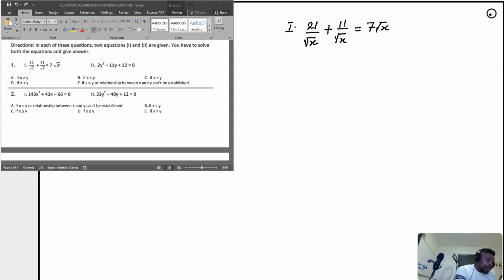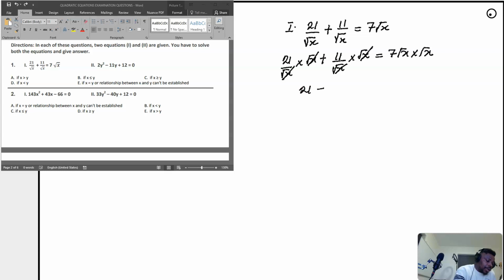Okay, let's multiply through by root x. That means this over root x, we multiply by root x. 11 over root x, we multiply by root x. And 7 root x, we multiply by root x. Root x we cancel with root x.